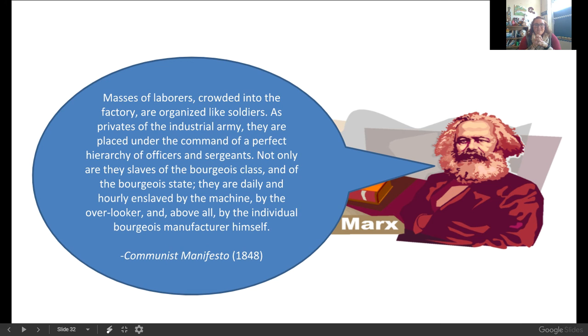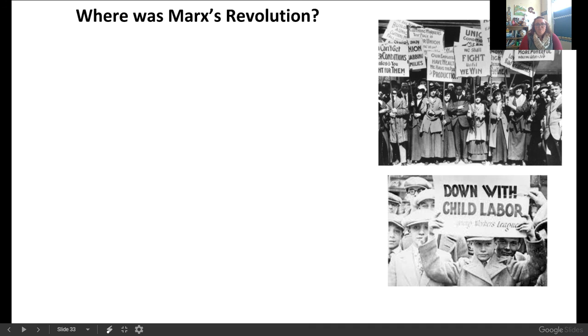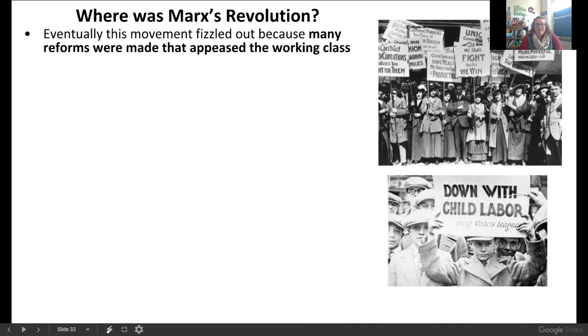Not only are they slaves of the bourgeois class and of the bourgeois state, they are daily and hourly enslaved by the machine, by the overlooker, and above all, by the individual bourgeois manufacturer himself. So, where was Marx's revolution?